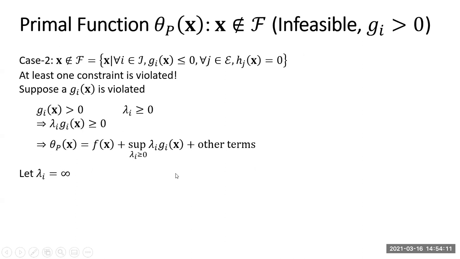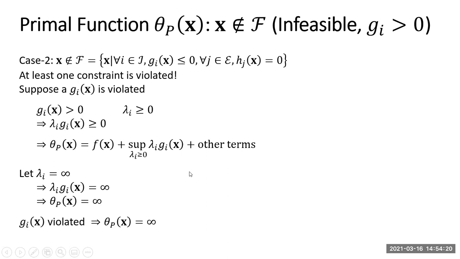So lambda i gi becomes equal to infinity, whence theta p of x becomes equal to infinity. So we just showed that when gi of x is violated, theta p of x equals infinity.